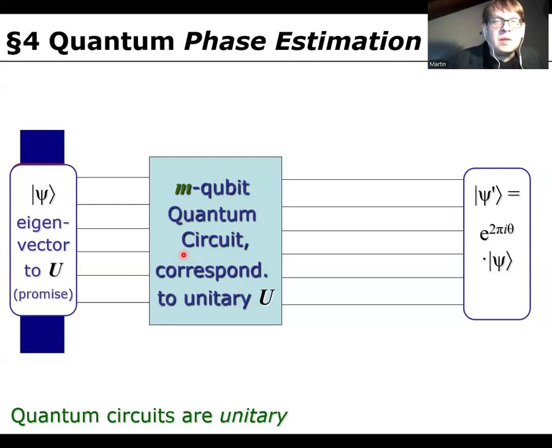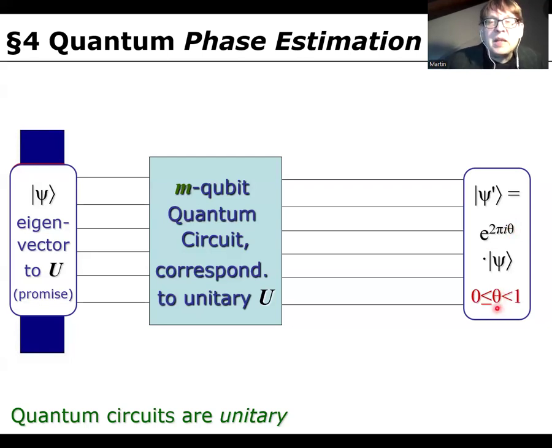So the goal of the quantum phase estimation is, given such a unitary matrix, given such a circuit, and given such a vector, which is promised to be an eigenvector, determine the eigenvalue, more precisely determine the phase, the phi here, or at least approximate it.